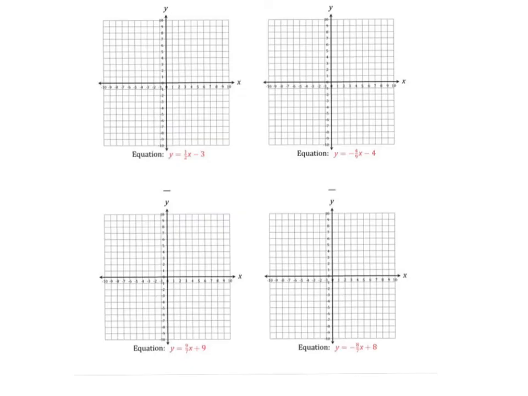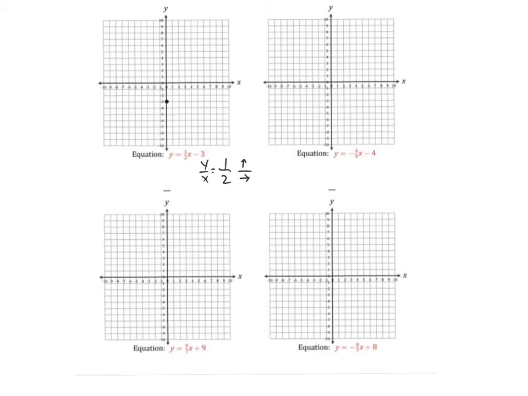So let's look at some of these. I'm not going to graph these. Actually I am. Let's graph these. I just want you to see some of the differences here. So we have y equals 1/2 x minus 3. Minus 3 means I start my first one at a y-intercept of -3, and then 1/2, because it's positive, is up 1 and right 2, because it's rise over run, right?